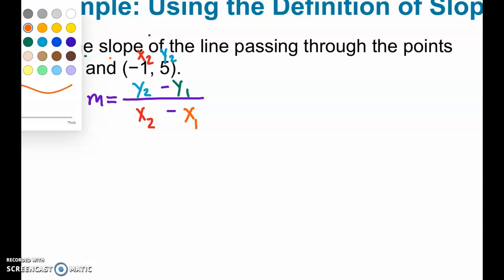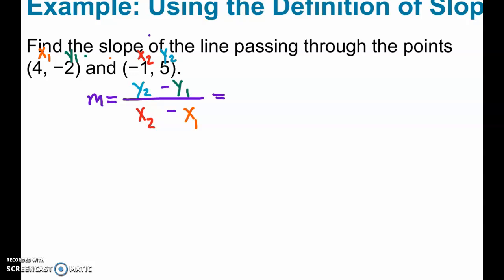So whenever I go to do this, what I like to do so that I don't mix up the plus and minus signs, I'll put blank spots in place of the variables. Because I know that there has to be a minus sign. The formula tells me a minus sign. It's the difference between the y points.